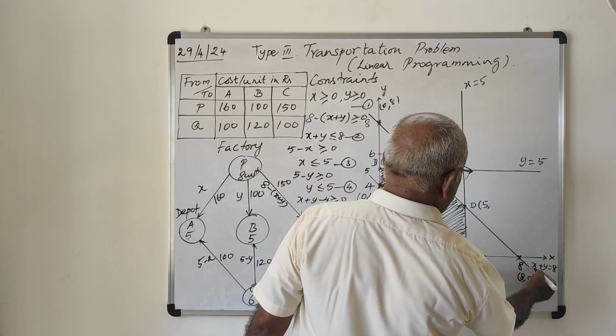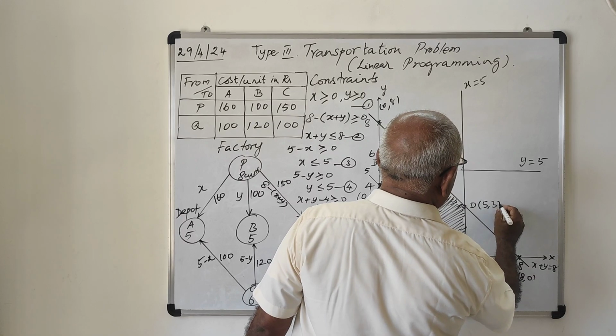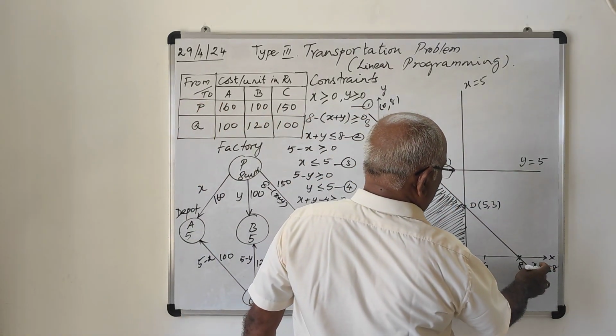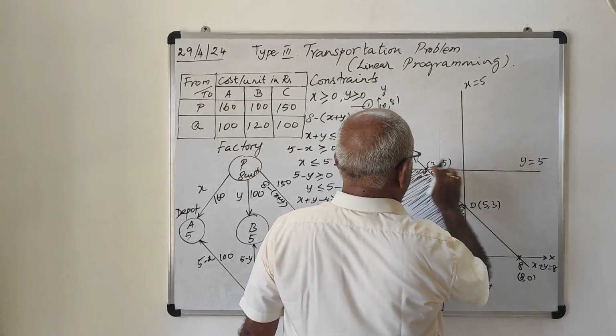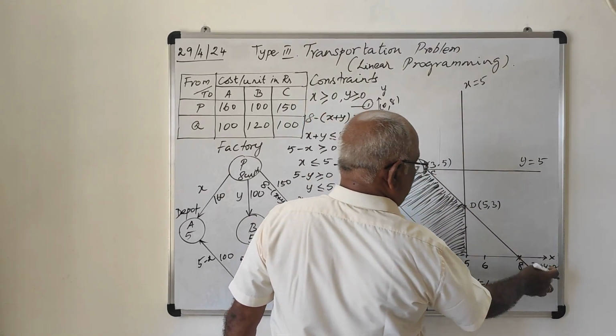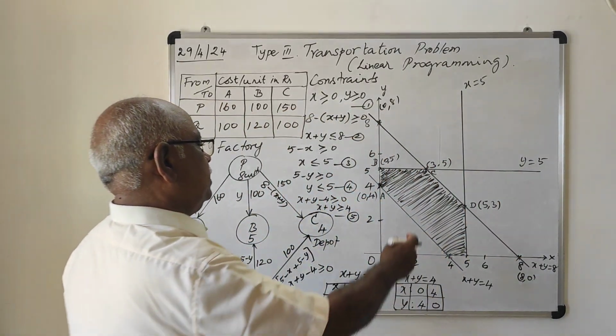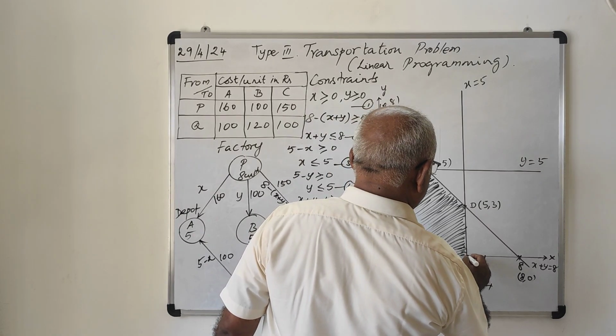In this, if you put x equal to 5, y equal to 3. So 5, 3 is D. In this line, x equal to 5, y equal to 3. In this line, y equal to 5, x equal to 3. So the corner point D has the coordinates 5, 3.